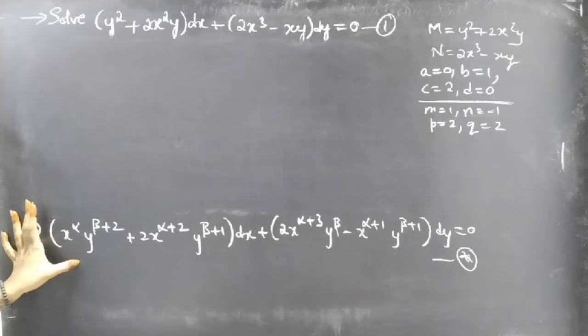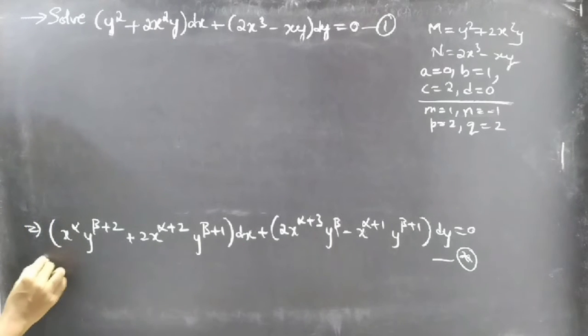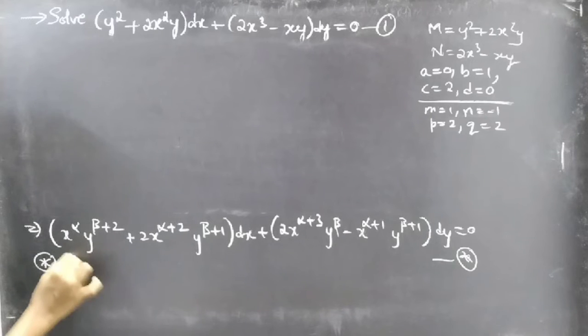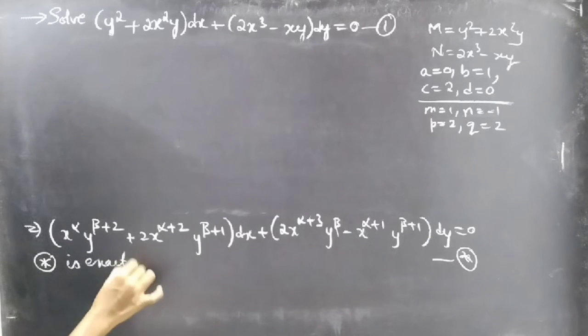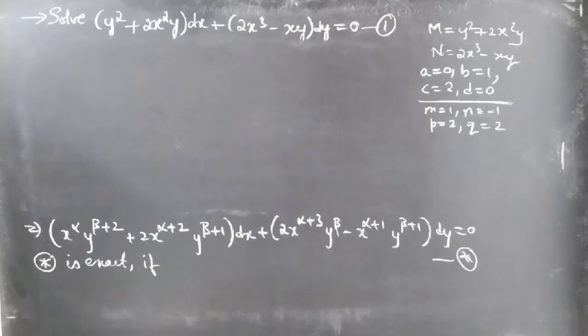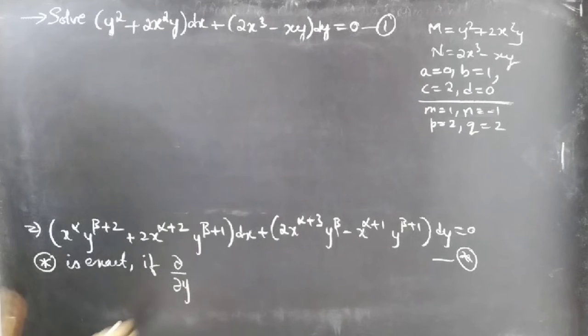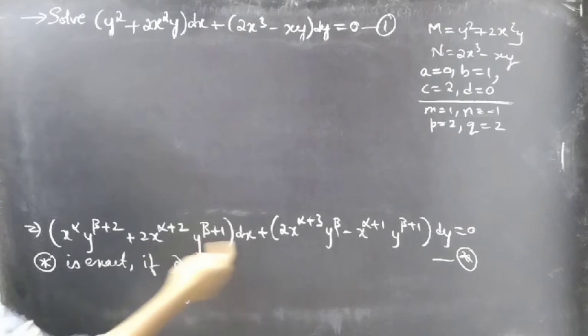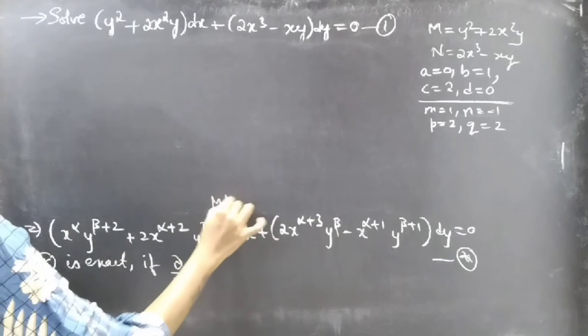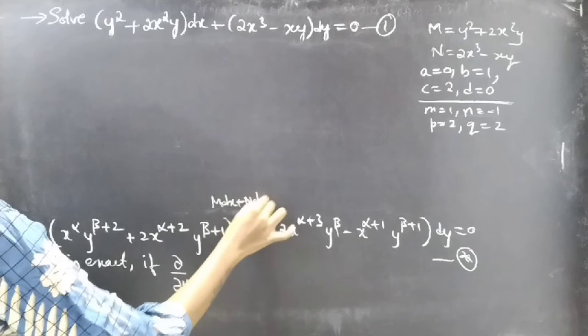This equation asterisk is exact if the partial derivative of M with respect to y equals the partial derivative of N with respect to x, since this is of the form M dx plus N dy equal to 0.